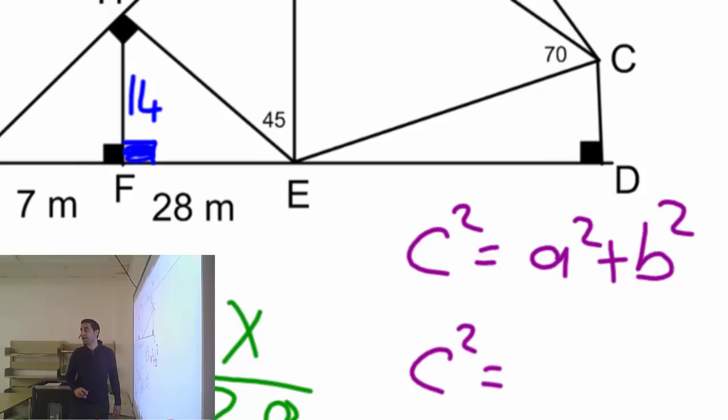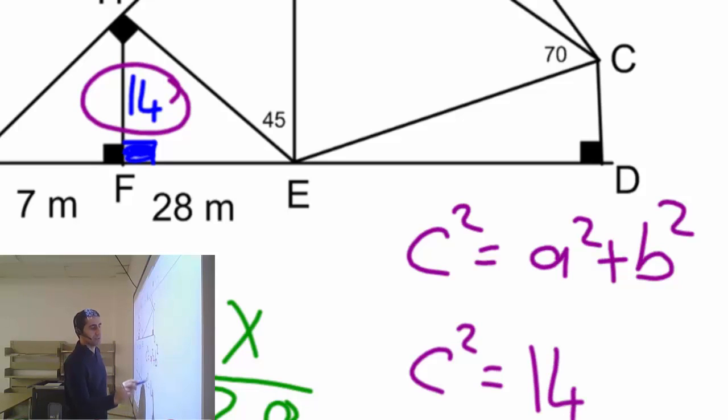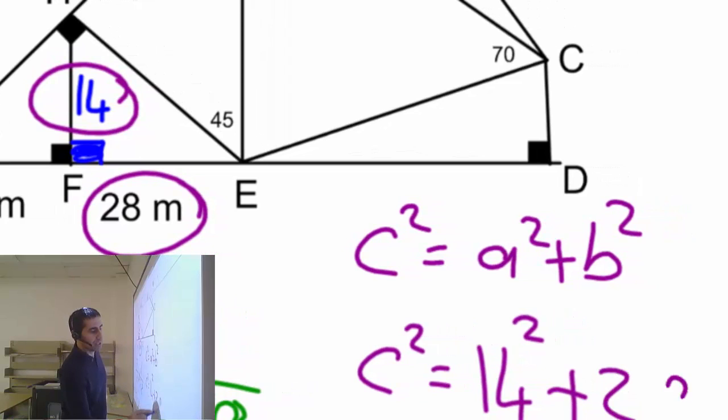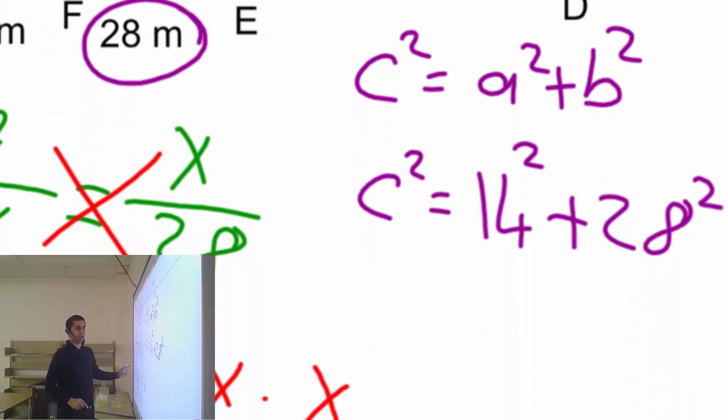A and B never matter, remember. So let's use this as A: 14 squared plus, let's use this as B, 28 squared. And let's continue with our calculation.